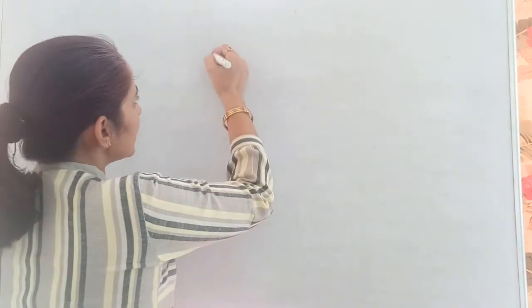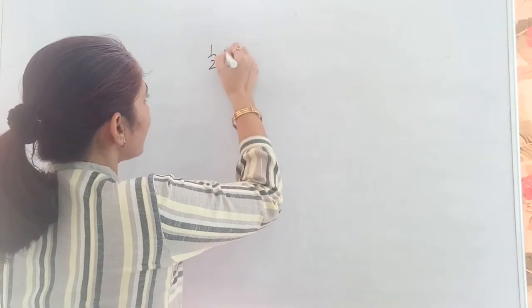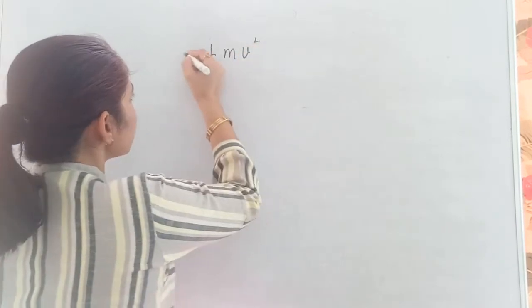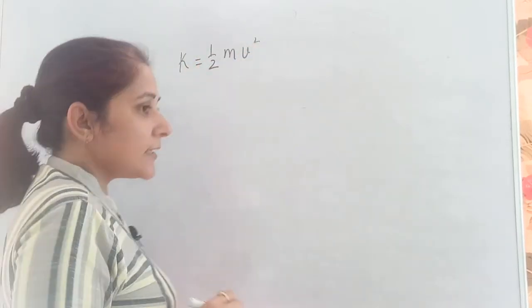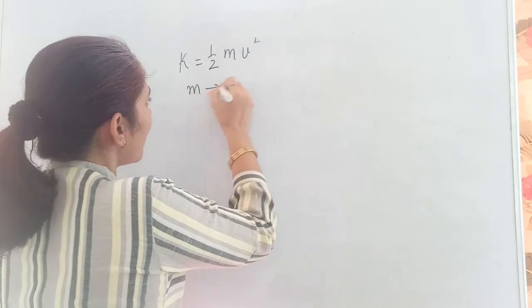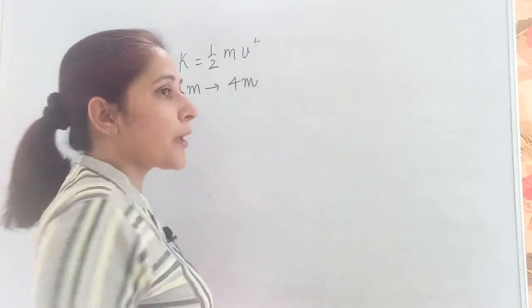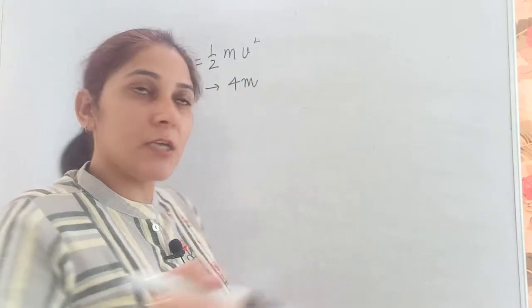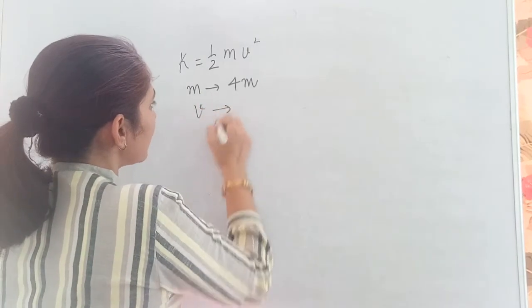So the kinetic energy initially is half mv square. This is the initial kinetic energy. They are saying mass is 4 times now. If mass changes to 4m, what should be the change in velocity?